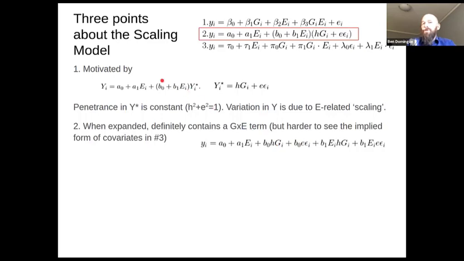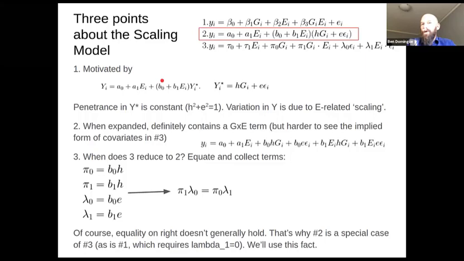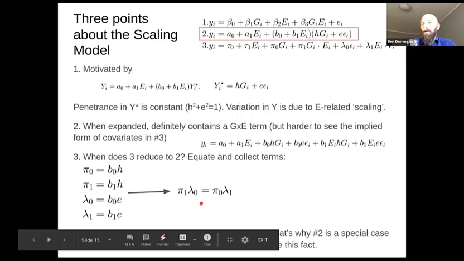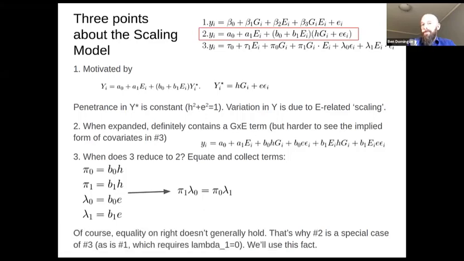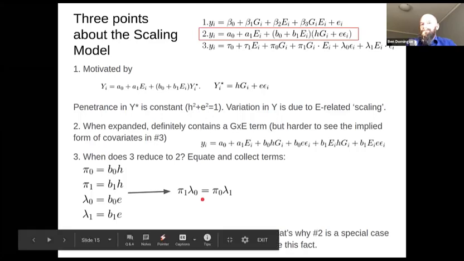Because what you can do is equate models 2 and 3 and ask, when does model 3, this one up here, reduce to model 2? And what you find is it's precisely when this equality holds, right? When pi 1 lambda naught equals pi naught lambda 1, right? When that holds, model 3 reduces to model 2, but of course this doesn't generally hold. It need not hold.